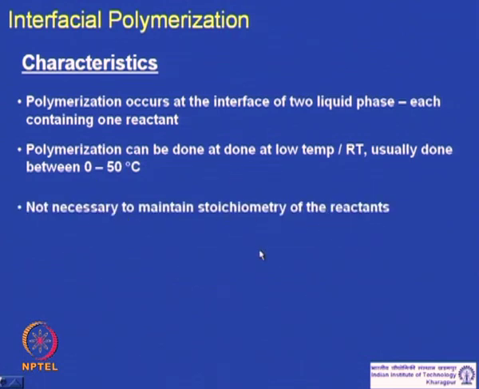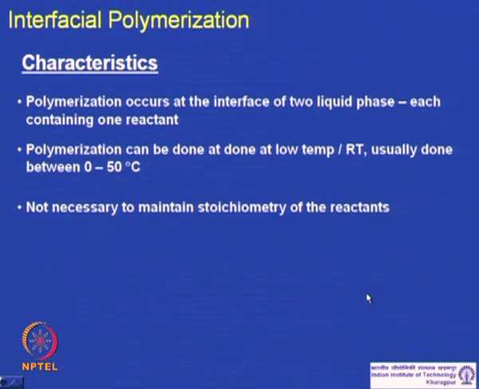Now, because the reaction is happening at the interface, where one reactant is reacting with the other reactant, you need not maintain a stoichiometry very close to 1:1 like in other linear polycondensation reactions.